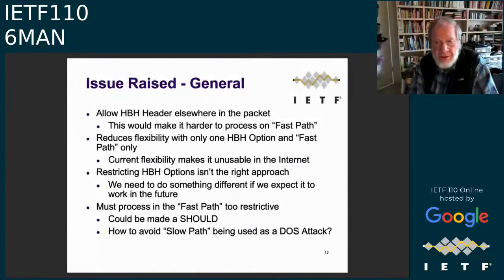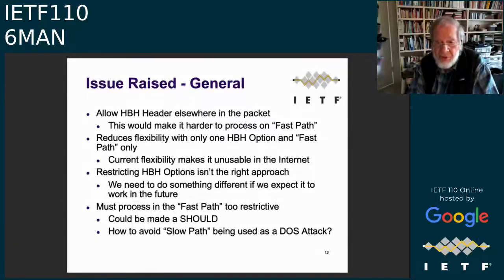And the next was that requiring them to be processed in the fast path is too restrictive. The document could be changed to make this a should: do it this way unless you have a good reason not to. That certainly also covers software implementations.